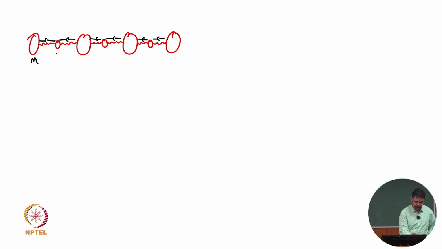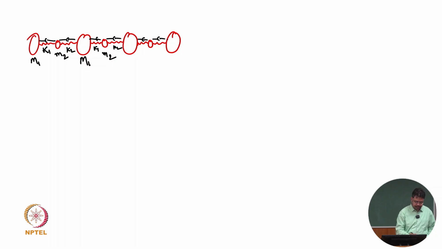So that is the biatomic chain, and now here it is added. This is capital M, small m, capital M, small m, with K1, K2, or maybe M1, M2, M1, M2.